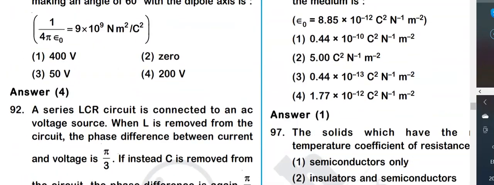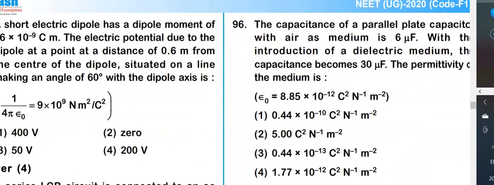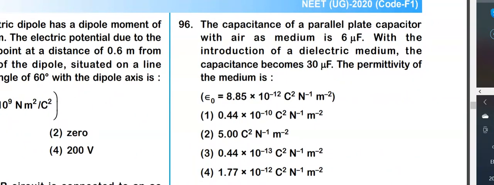Now coming to the 96th question. The capacitance of the parallel plate capacitor with air as medium is 6 microfarad. With the introduction of a dielectric medium, the capacitance becomes 30 microfarads. The permittivity of the medium is? Epsilon 0's value is given. This is quite a simple question.